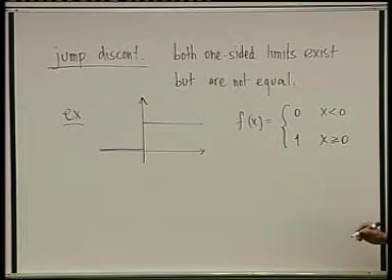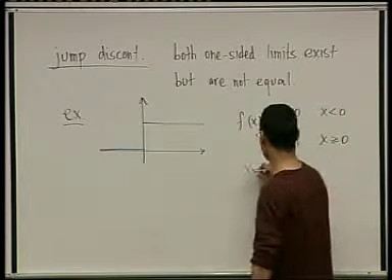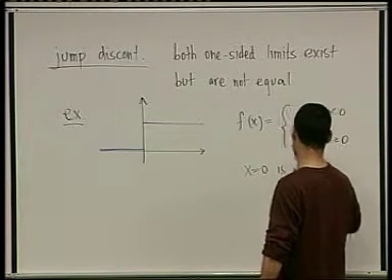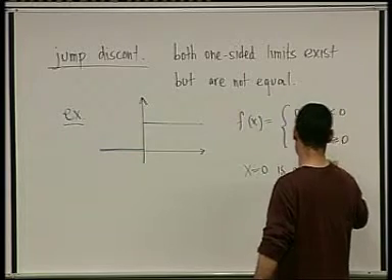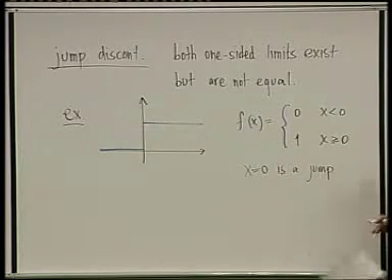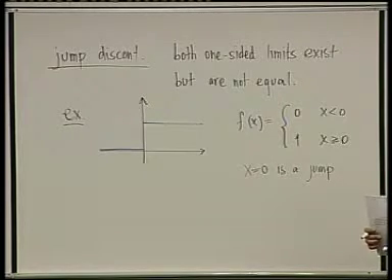It has a jump discontinuity at x equals 0. Okay, x equals 0 is a jump. Sometimes we will just say jump rather than jump discontinuity, because it's clear what we mean. Good?